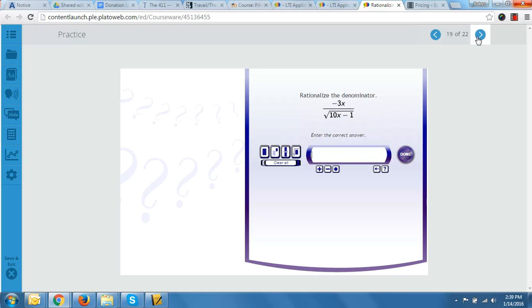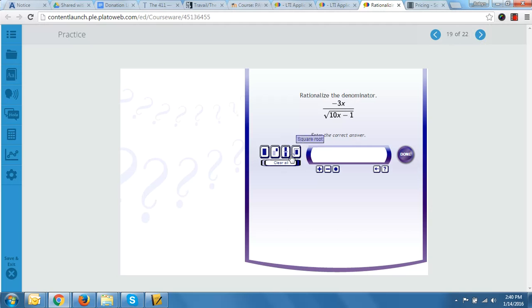The next problem that they have here is negative 3x over, and again, radical sign, 10x minus 1. I want to get rid of my radical sign, so I'm going to multiply the top and the bottom by the square root of 10x minus 1. So that gives me, for my new denominator, just 10x minus 1. And my numerator is going to be negative 3x, and then radical sign, 10x minus 1.